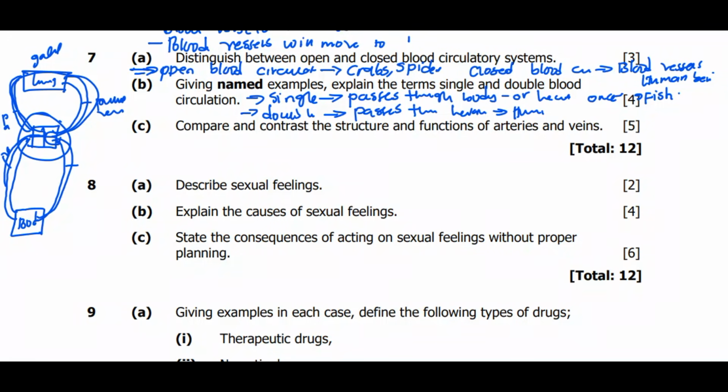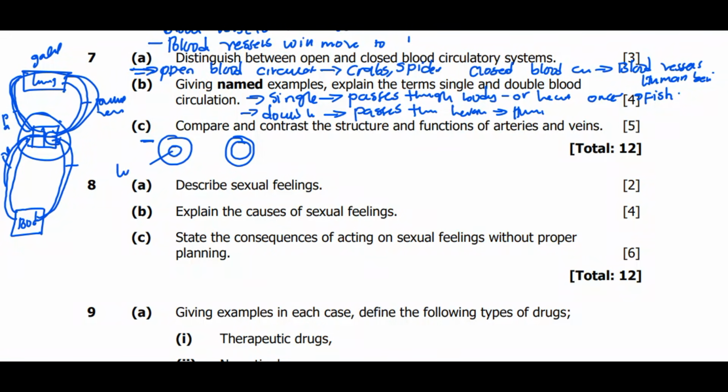Then for C, compare and contrast the structure and functions of arteries and veins. The first one, we can look at the structure. If I were to draw these two, one has a small lumen, the other one has a large lumen.